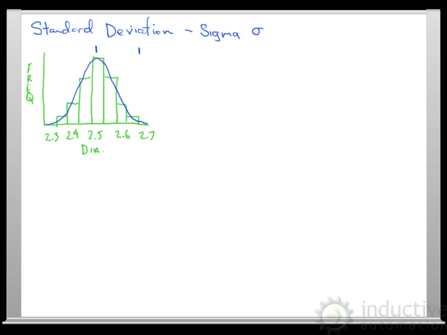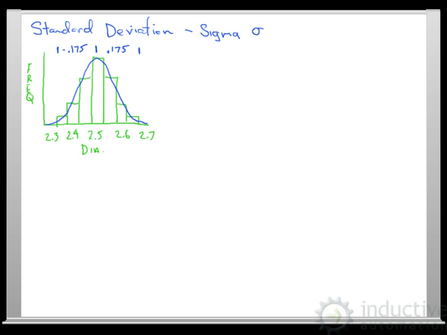So our amount that we were deviating was, let's say, 0.175. So 2.5 to almost 2.7, so a little less than 0.2. And we had the same thing on this side, only this was the negative direction. So this is how much our measurements deviated from this middle or average.